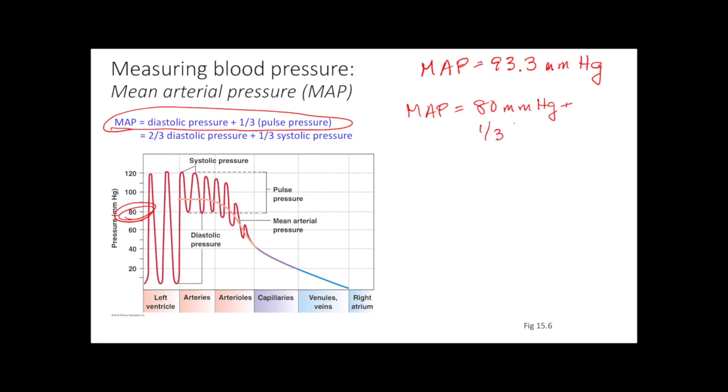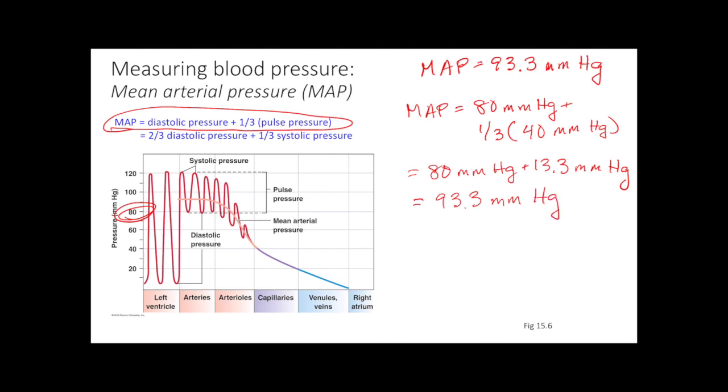Our pulse pressure, we know from the previous slide, was 40 millimeters of mercury. So that's going to give us 80 millimeters of mercury plus 13.3 millimeters of mercury, which comes out to 93.3 millimeters of mercury.